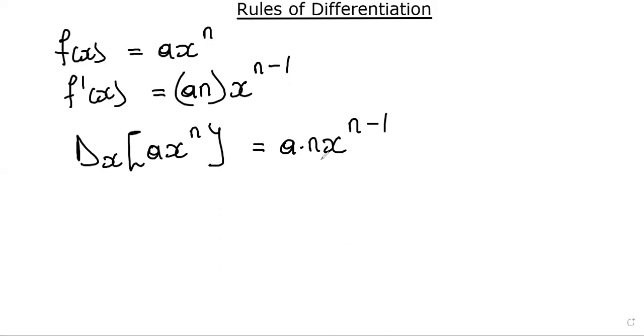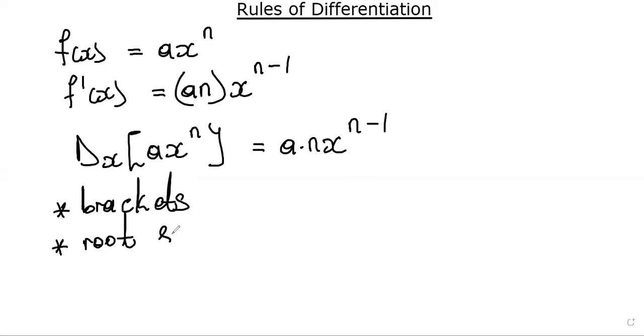Now you need to know that this rule further has 3 more rules, in fact 4. It says you can't differentiate for as long as you have brackets. You need to destroy brackets, either by using the FOIL method or using the distributive property. You also can't differentiate if you have root signs.